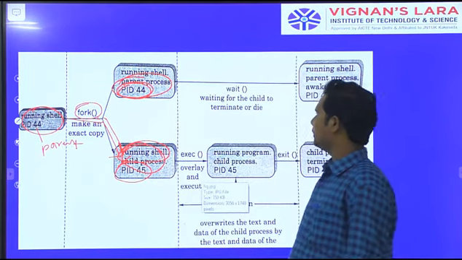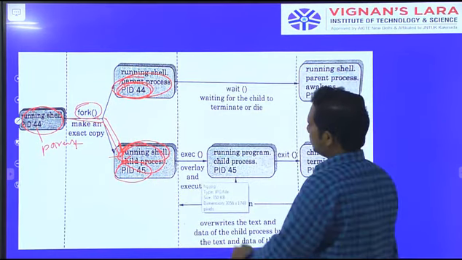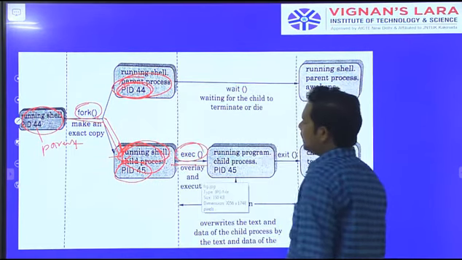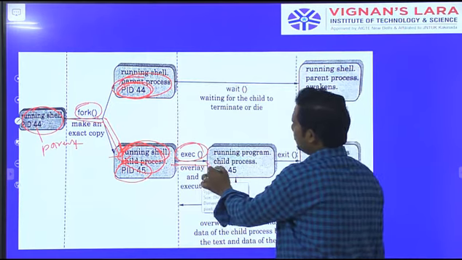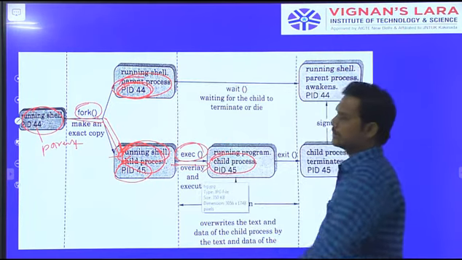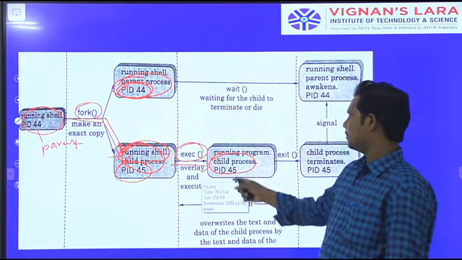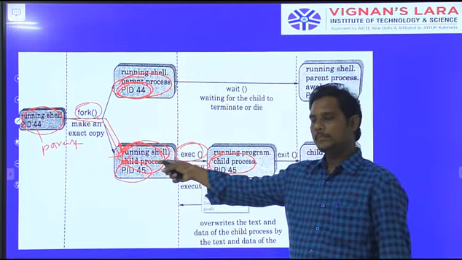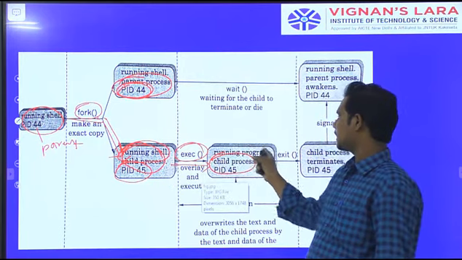After the new process, the next step is the exec system call. So the child process 45 is executed; PID 45 means the child process is running.